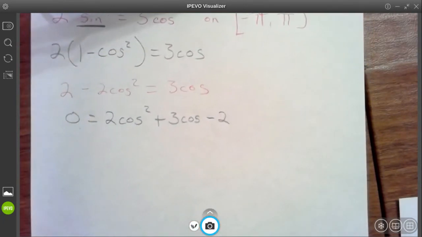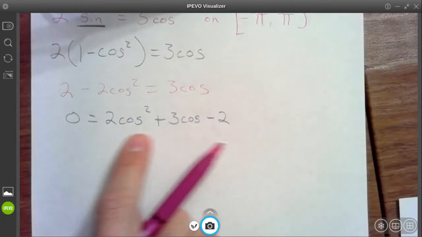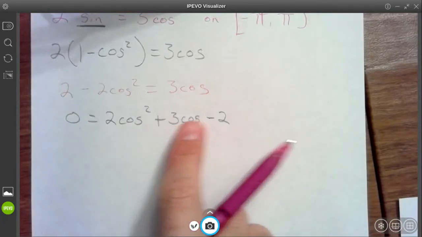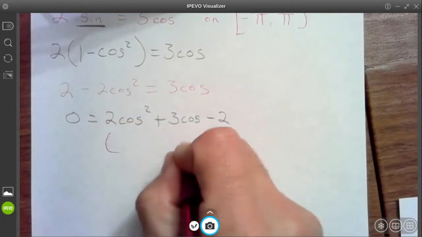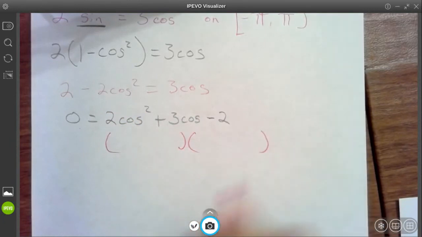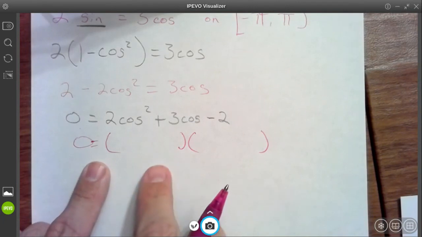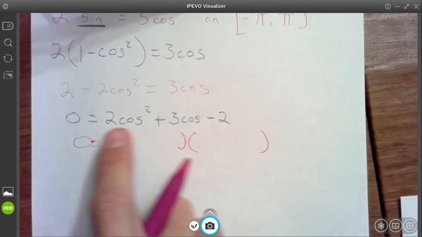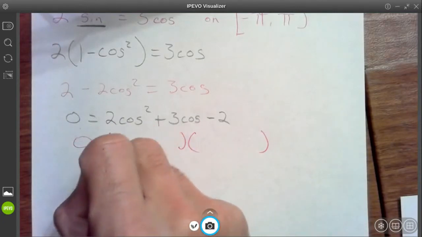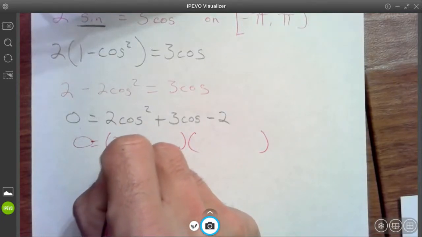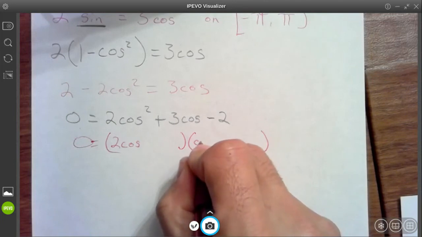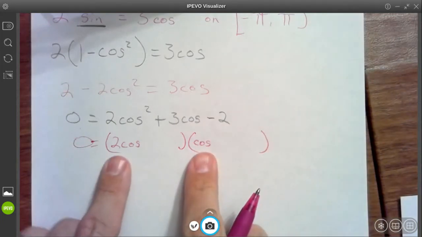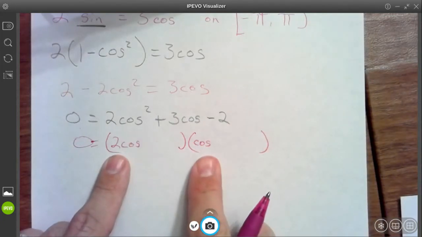All right, next up is going to be to factor this expression. We got a trinomial. I'm going to factor it into 2 binomials here. So these two are going to have to multiply to give me 2 cosine squared. So it's going to be 2 cosine and regular cosine. That's the only way you can get 2 cosine squared.